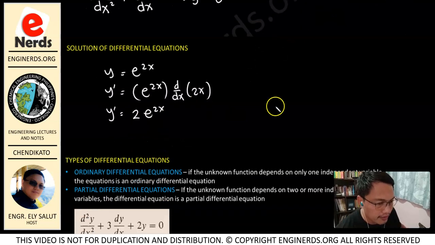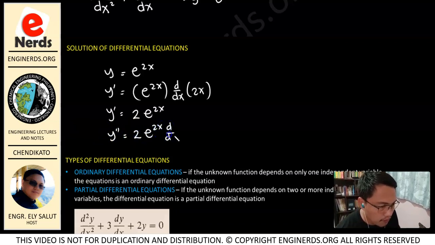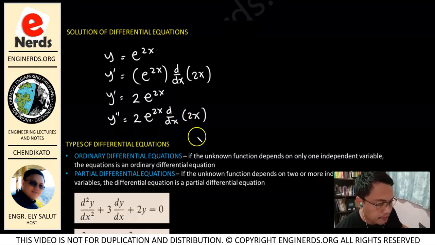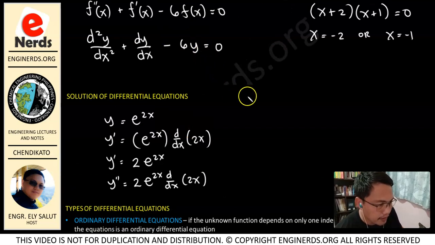Now we're going to get the second derivative. So we have y double prime is equal to 2e to the 2x, then the derivative of 2x. Again, I'm going to write that here to fit.